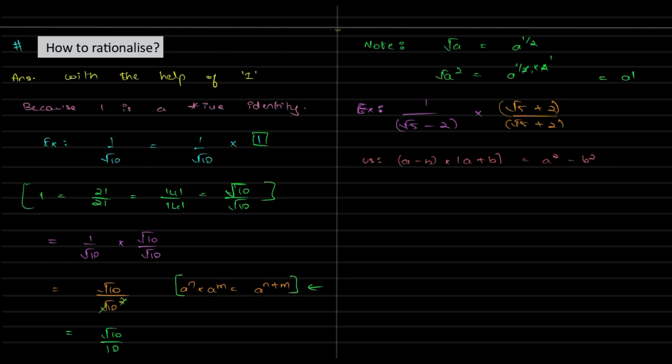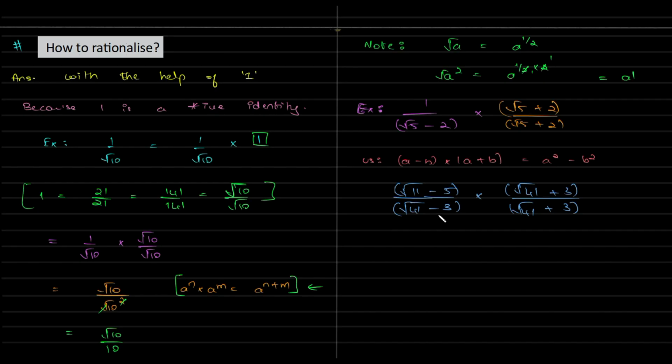If you have any kind of expression like root of 11 minus 5 divided by root of 41 minus 3, all you have to do is forget about the numerator, let it be there. Whatever is in the denominator, write that with a plus sign and then do this and you are done.